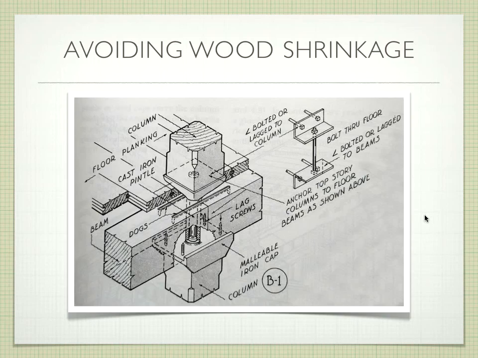Okay, so what's happening here is we have a beam or a girder that's supporting our floor, and we also have a column that's running through. So this is a second story of a building. We need to support that second story. So this column comes up from the first floor, and it's supporting this set of beams. Okay?